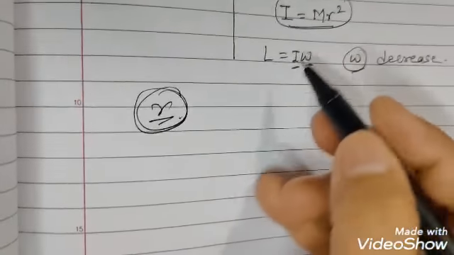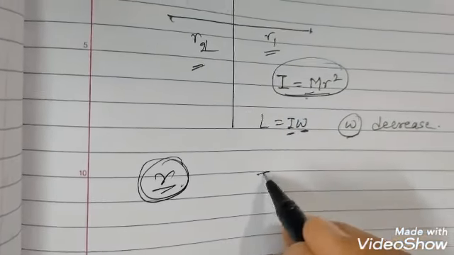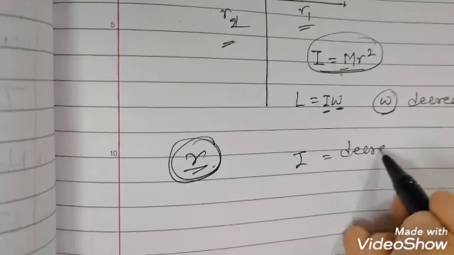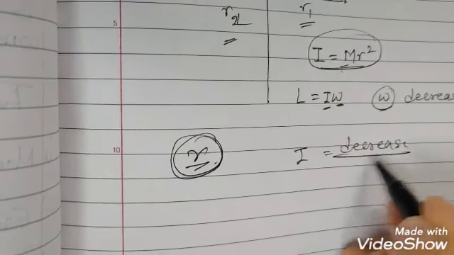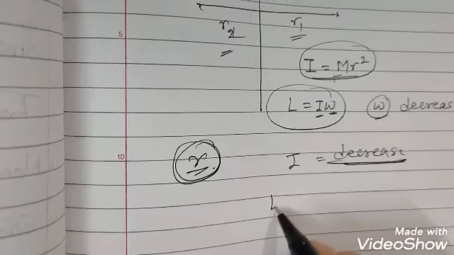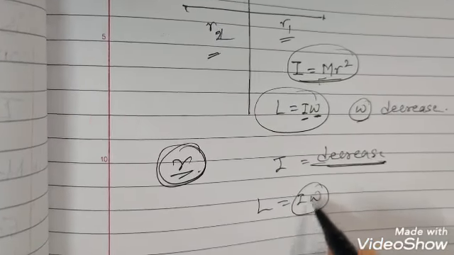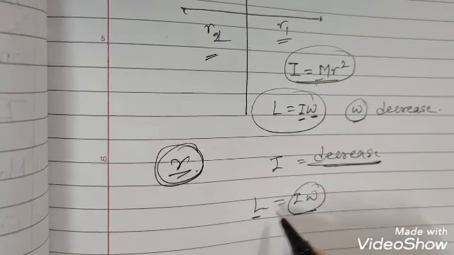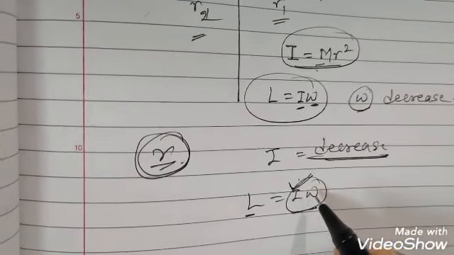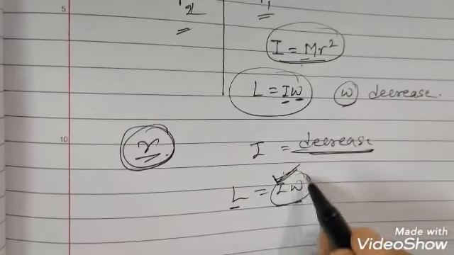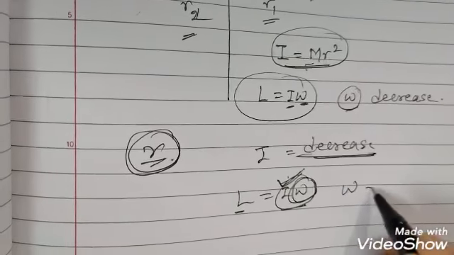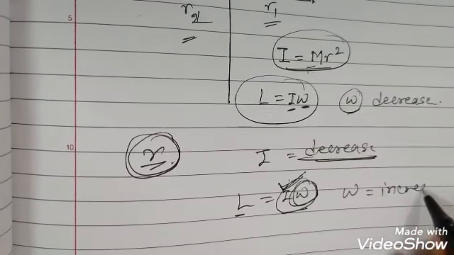If r decreases, the moment of inertia I will decrease, and because L is constant and the product of the two is constant, one is increasing, one is decreasing, so automatically the omega will increase.